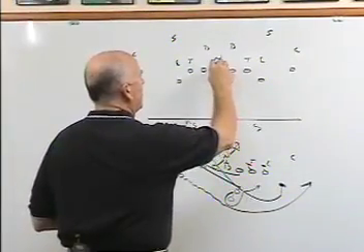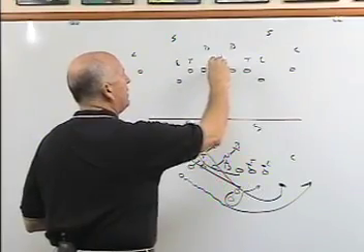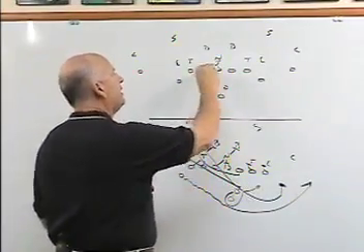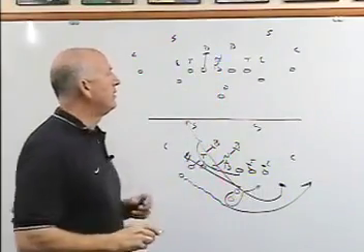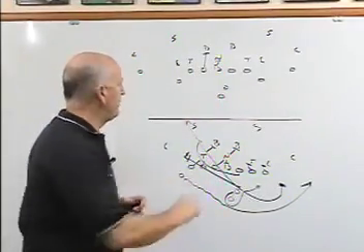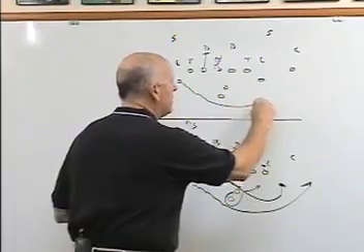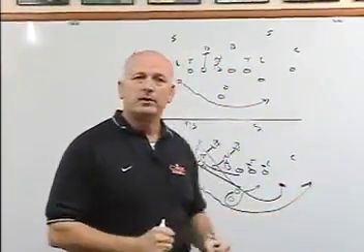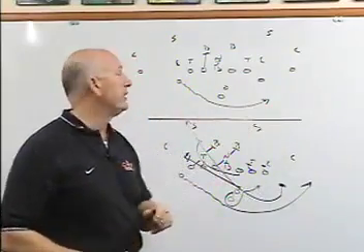We would probably have our nose base blocking on the nose guard here. We would probably have the play side guard base block on this linebacker here. And because we faked the spin sweep, we think we're going to get this guy playing it pretty honestly. He may even be flowing to that sweep flow that we've given him here.